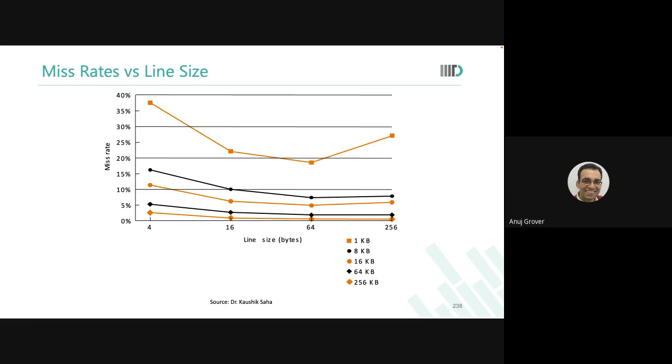If my line length is small, if my line size is, let us say, 4 bytes, and I have a small memory, 1 kilobit, I have a fairly low miss rate. But if in the same small memory, I use a large line length. Okay, you see how the miss rate goes up?